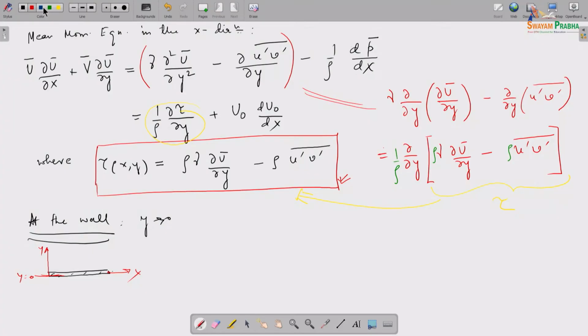Let me write that down again. Let's take a case. Let the pressure gradient also be equal to 0. Let that be 0.